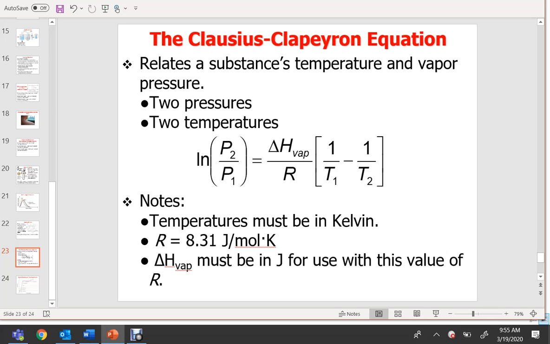In this equation, the delta H vap is constant. That means it's independent of temperature, but we know the enthalpy of vaporization could vary as temperature changes. So this equation is an estimate, but it can give us a very good estimate.